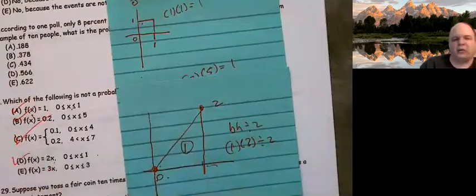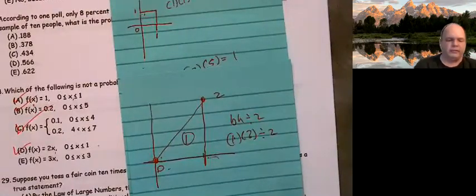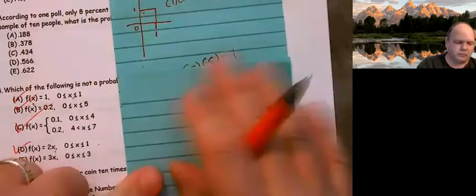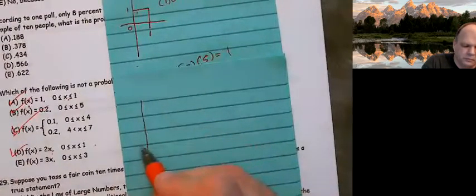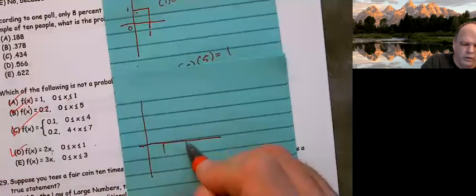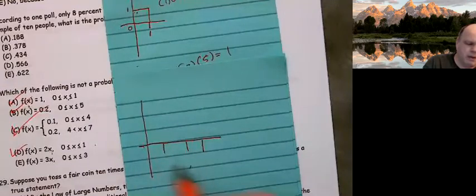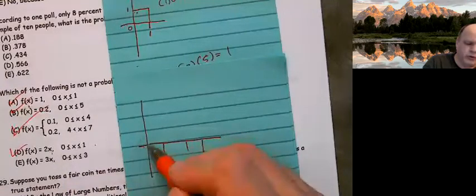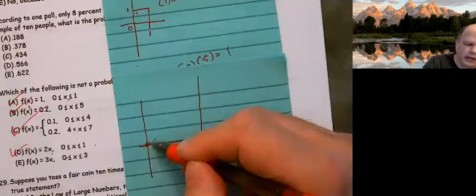Valid probability. So now we know it has to be this last one. But let's check it out. One, two, three. So when it's 0, this is 0. 3 times 3, this means this is going to go all the way up to 9 over here.